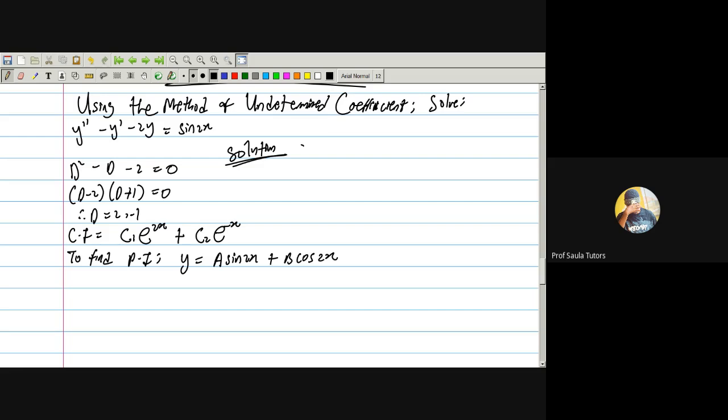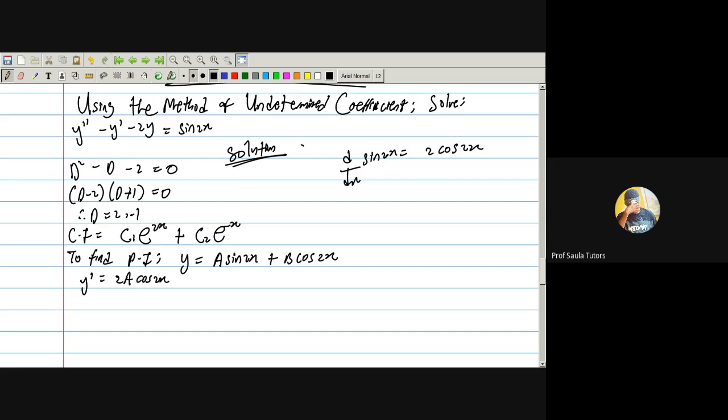Now let's get y prime. Remember, if you differentiate sine 2x, it will be 2 cos 2x. So I have 2a cos 2x.